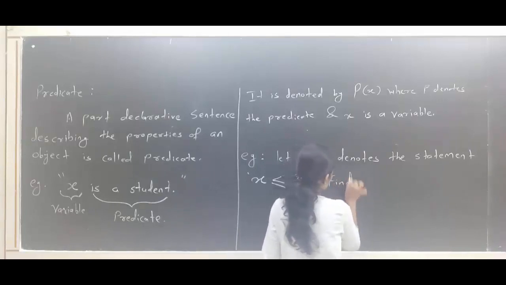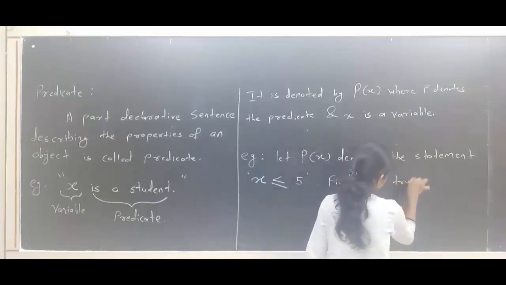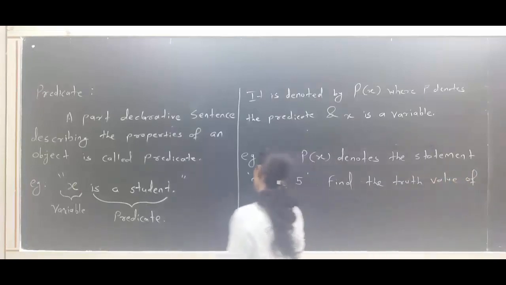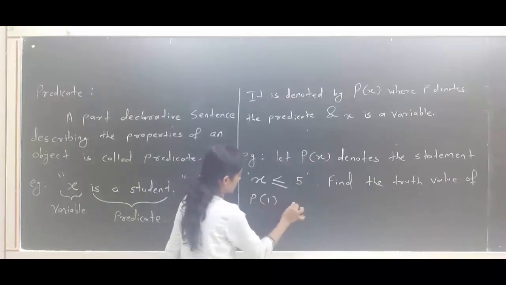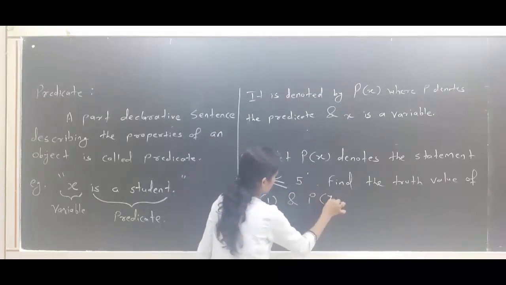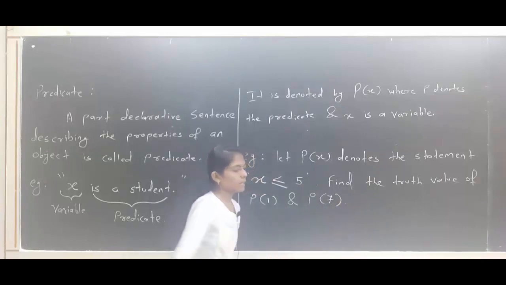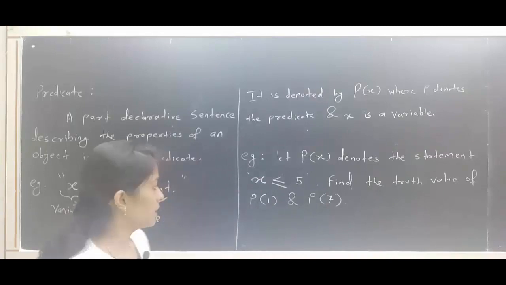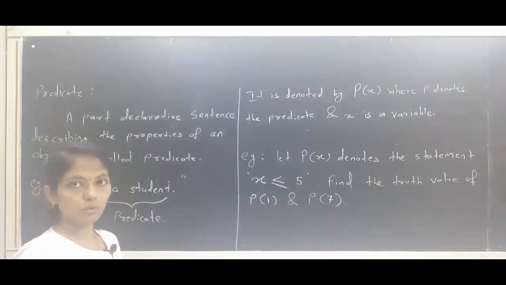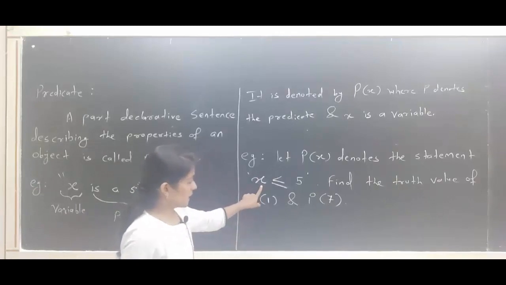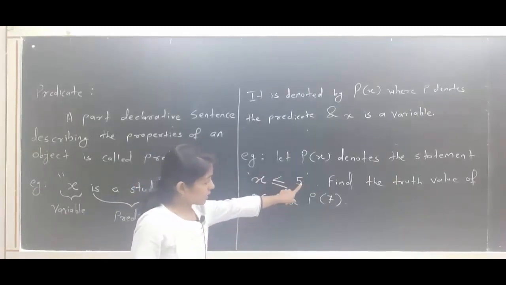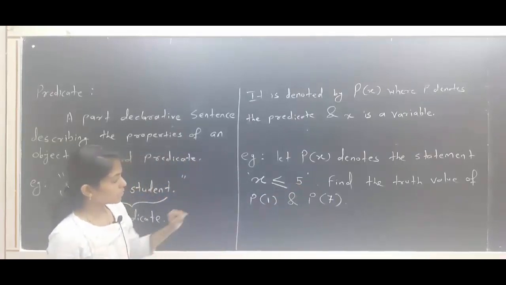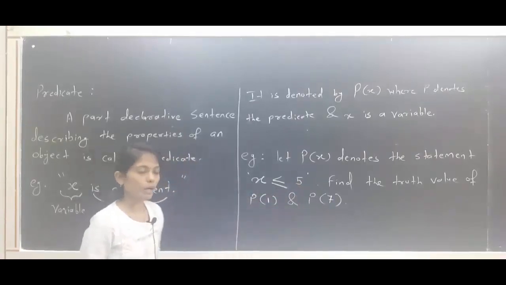Find the truth value of P of 1 and P of 7. Here the predicate P of X is given: X is less than or equal to 5. So here X is the variable and less than or equal to 5 is the predicate. We want to find the truth values of P of 1 and P of 7.